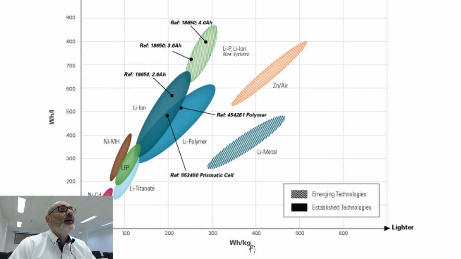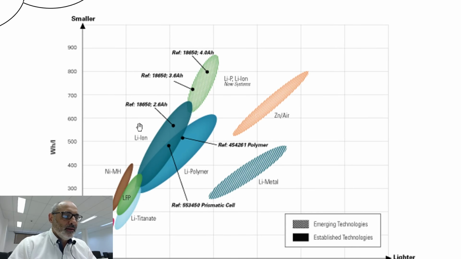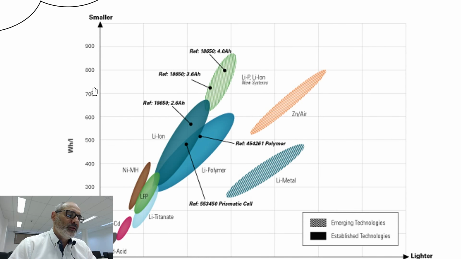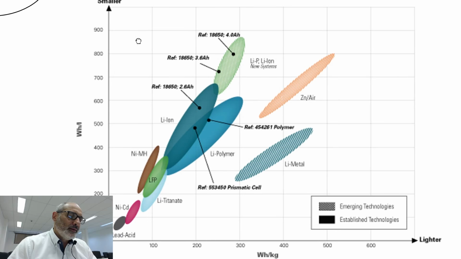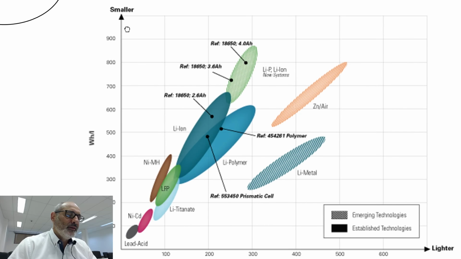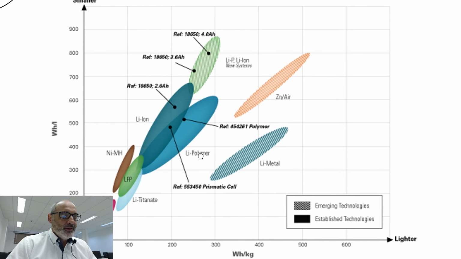And the volumetric efficiency of the battery is on this axis here. The unit is watt-hour divided by liters.